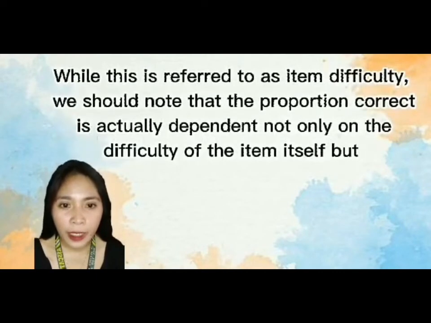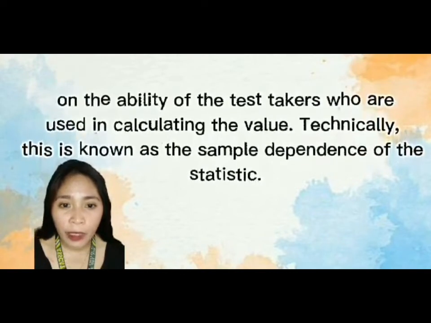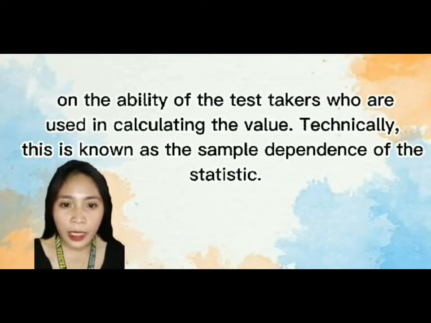While this is referred to as item difficulty, we should note the proportion correct is actually dependent not only on the difficulty of the item itself but on the ability of the test takers who are used in calculating the value. Technically, this is known as the sample dependence of the statistic.